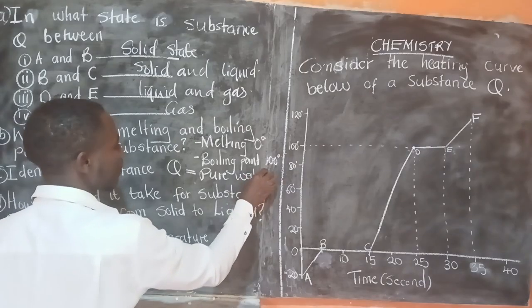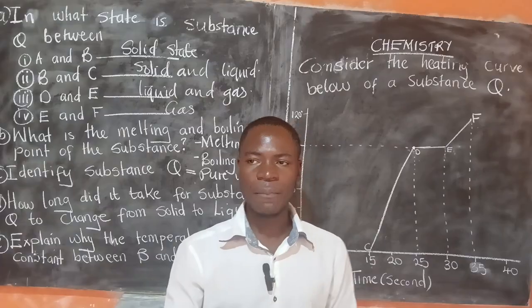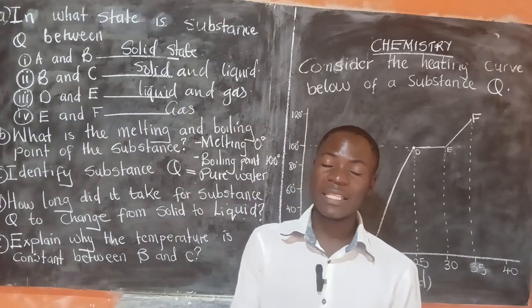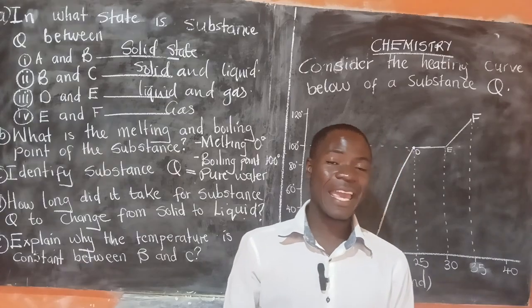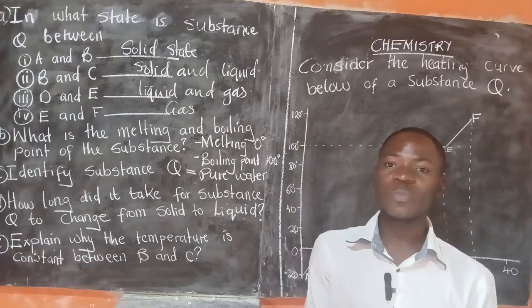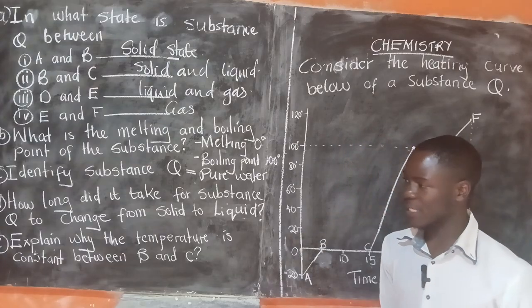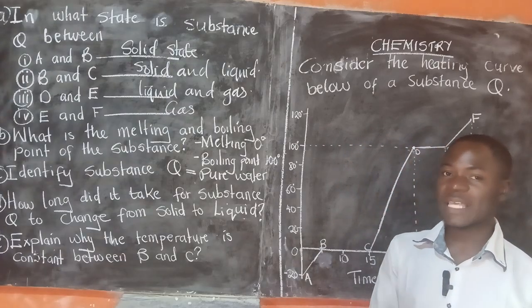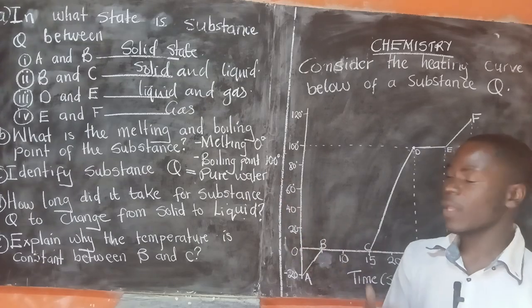Why are we reconsidering pure water? Because pure water begins to boil at 100 degrees, while impure water begins to boil at any degree. So it boils faster than pure water. So pure water is the one which follows the prescribed temperature.